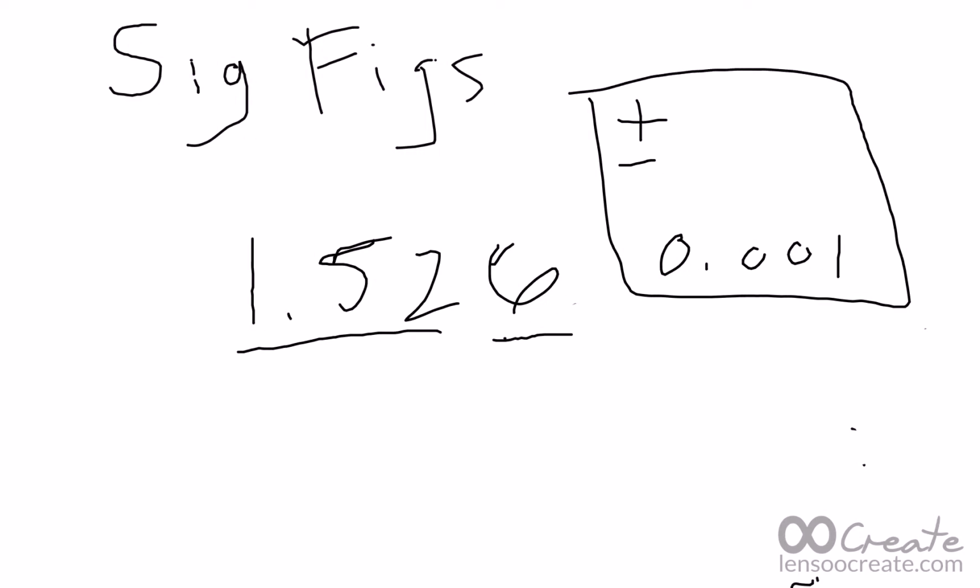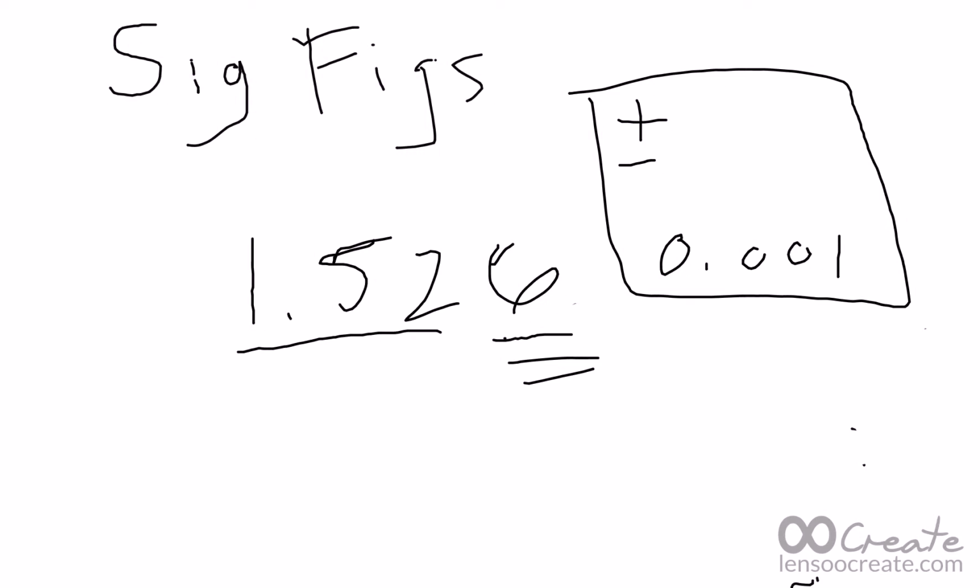That's what the balance says. If I pull out the owner's manual for the balance, it's going to say our balances are calibrated up to 0.001, the thousandths place, and there could be variation within that last digit, which is the 6.